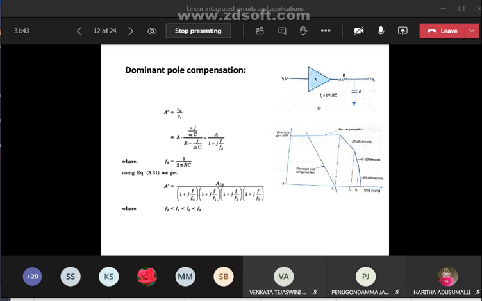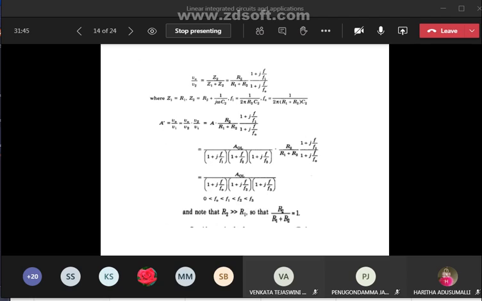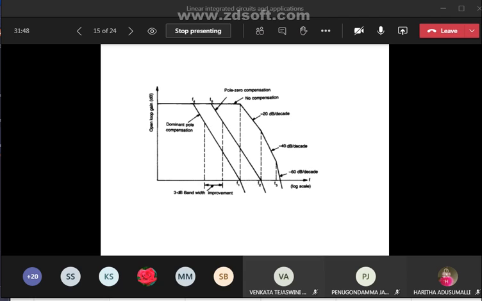Clear? So here we have dominant pole and pole zero compensation techniques. Compare the two compensation techniques here.